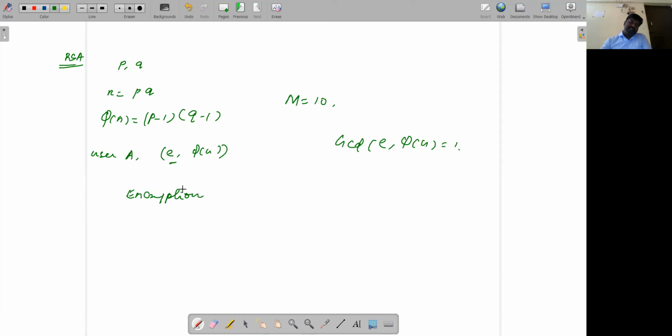To do the encryption, we get the ciphertext C equal to M power E mod N. M is the plain text, E is the public key, and N is the multiplication of P and Q. When we talk about decryption, at the end we get the actual plain text M, which is equal to C power D mod N. C is the ciphertext and D is the private key.